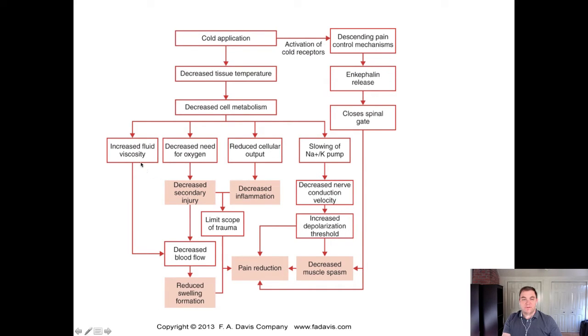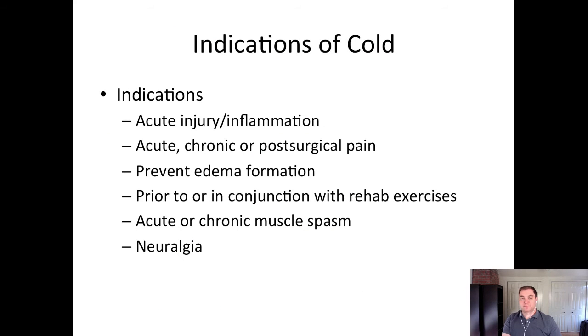All these things happen due to decreased cell metabolism, increased fluid viscosity, which helps decrease blood flow, decrease in the need of oxygen, which helps decrease secondary injury, reduce cellular output, which decreases inflammation. And all of these eventually lead to either pain reduction or reduction of swelling formation. Remember, once it's there, it's there. This may help reduce formation of swelling.